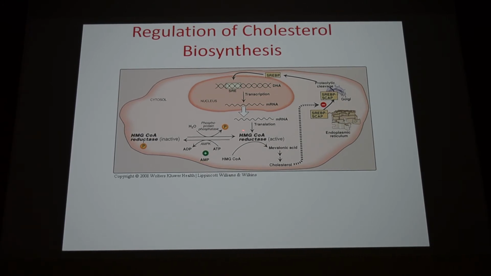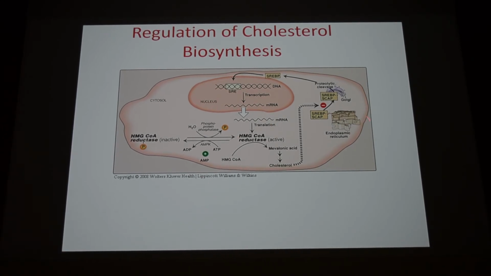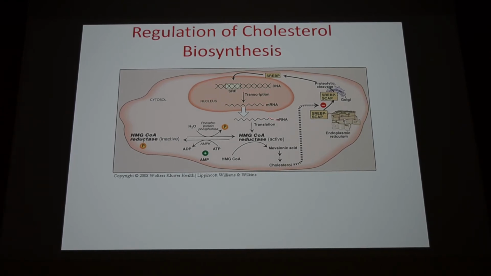So excess cholesterol will inhibit the formation of the enzyme via gene expression, and a low level of cholesterol will stimulate this pathway to stimulate the formation of messenger RNA, then the formation of the enzyme by translation. Clear?